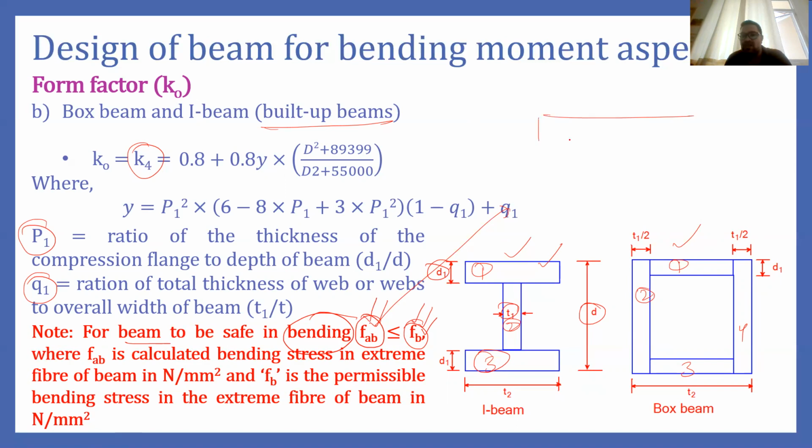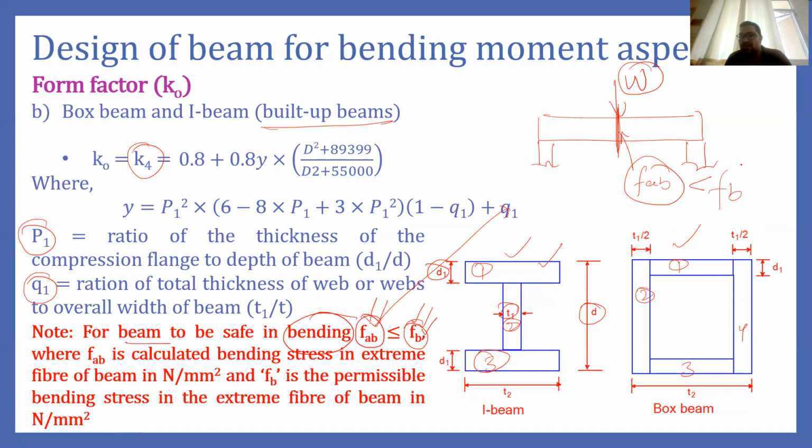So for example, if we have this beam and it is subjected to a load W, this W load will cause a bending stress in this beam. We know that maximum bending will occur at the center. So the bending stress at the center of the span will be termed as FAB, and this FAB should be less than the permissible bending stress which is given in the table of the IS code.